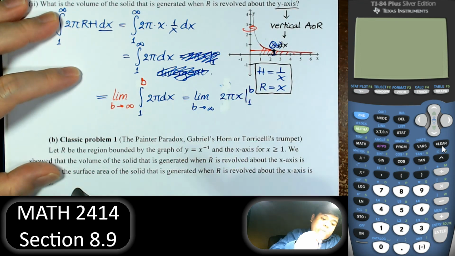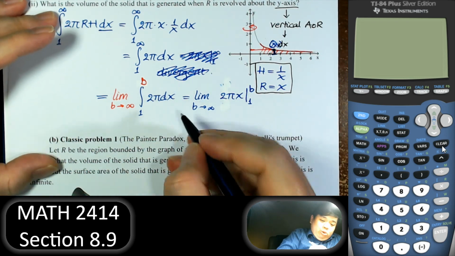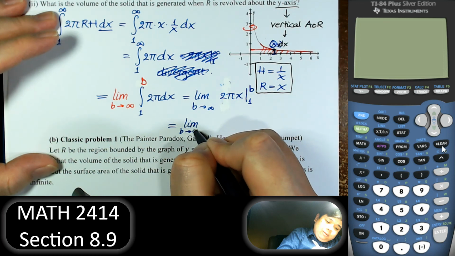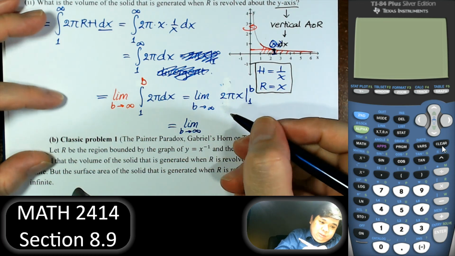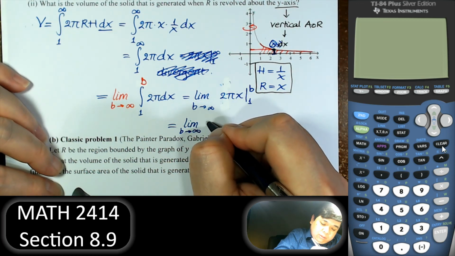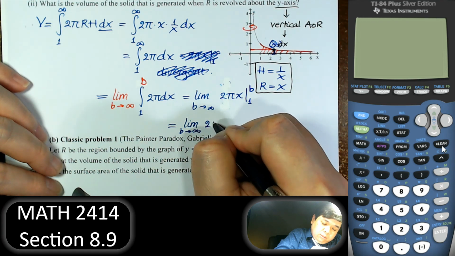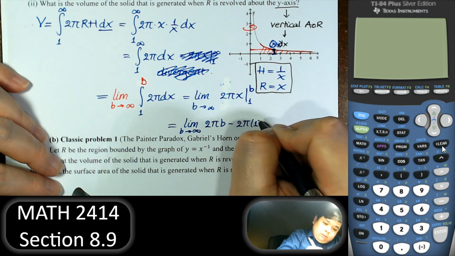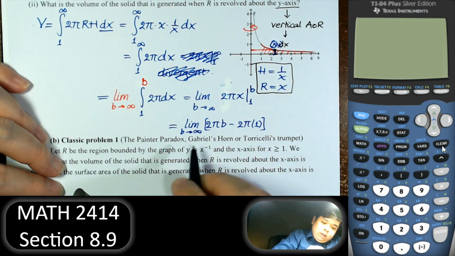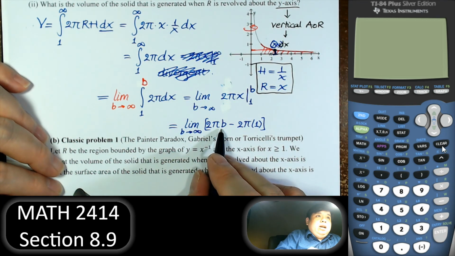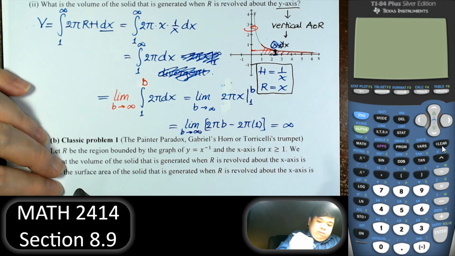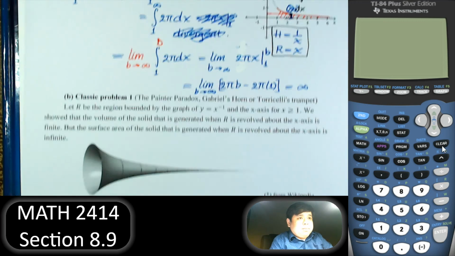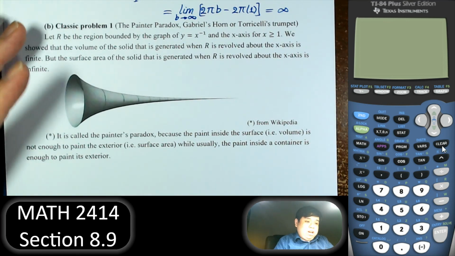Put in b and put in 1, and after all we just have infinity in here. That of course is infinity. Right, so that's infinity.